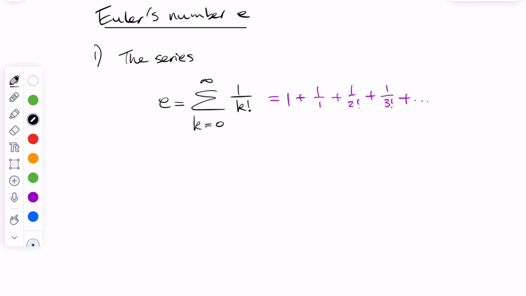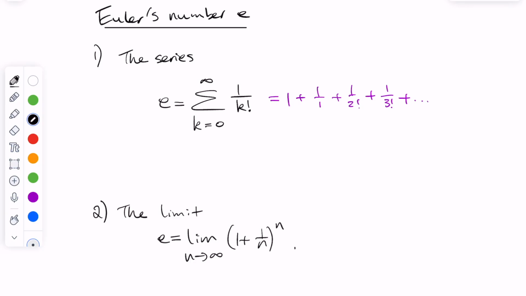And the second way to define this is as a limit of a sequence, E defined to be the limit as n goes to infinity of (1 plus 1 on n) to the power of n.